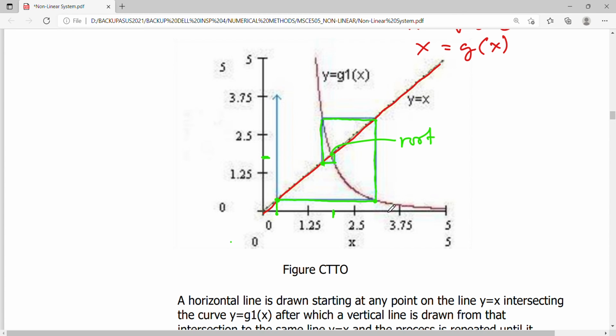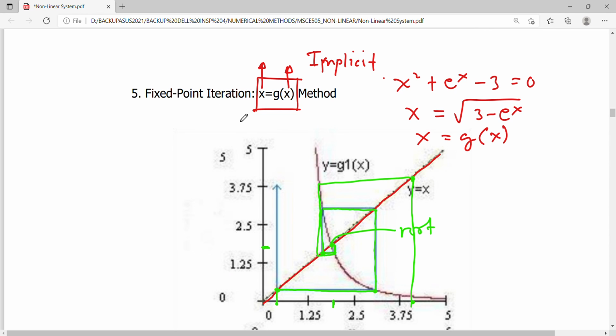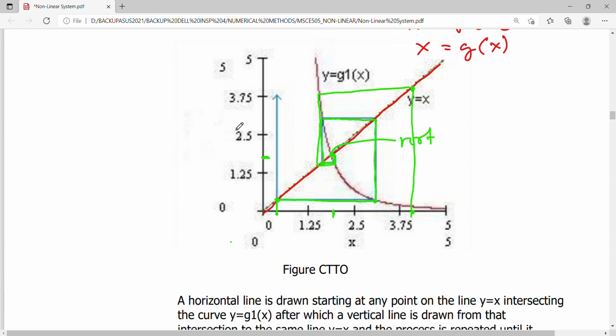So if you start at a point here, let's say here, I get here, then I go here, I go back there, I will fall the same. Kahit saan ka mag-umpisa dyan, it will lead to this root. You call this a fixed point iteration, and this is a very powerful tool used especially on systems of nonlinear equations.